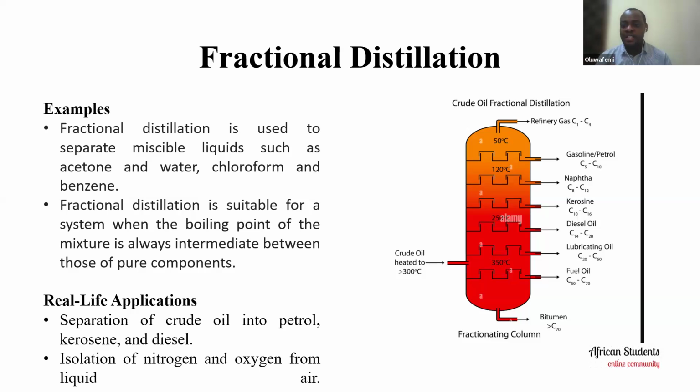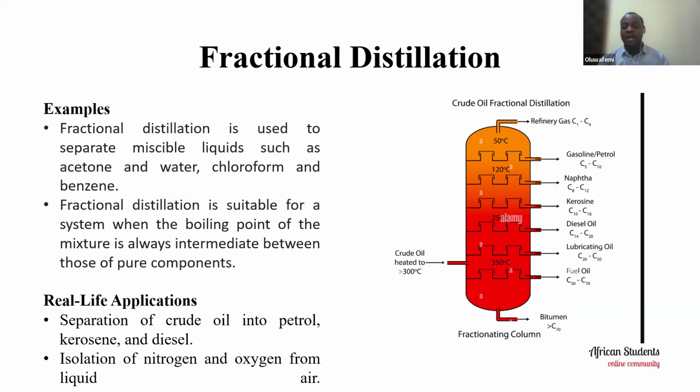Then the next one is gasoline. Then you have naphtha, and then you have the kerosene, the diesel, and so on, up to the point where you have your bitumen, which has a carbon content of greater than 70.